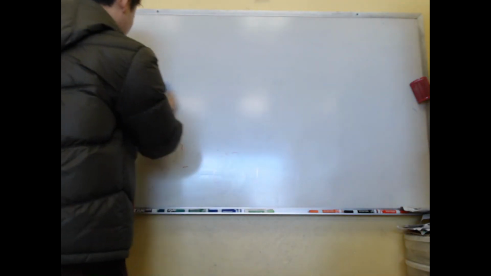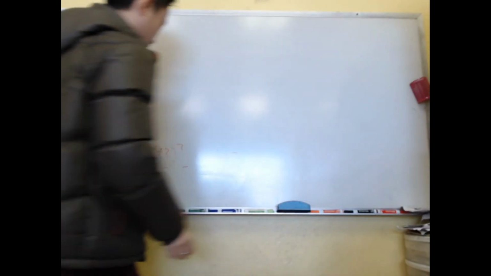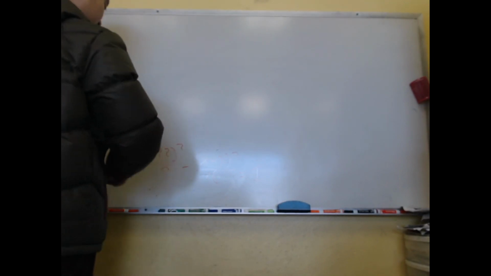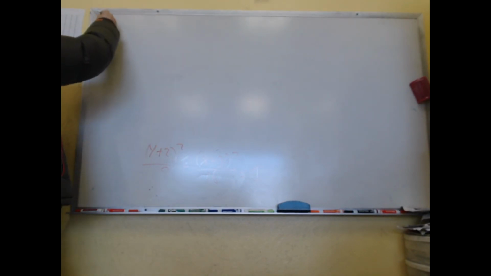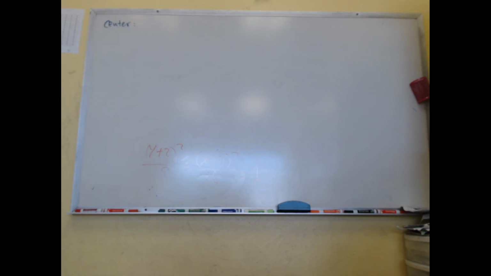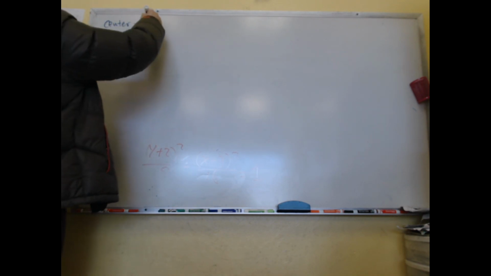So we just completed the square and found the equation. So now let's sketch the graph. Let's start off with the center, which is 3 comma negative 2.